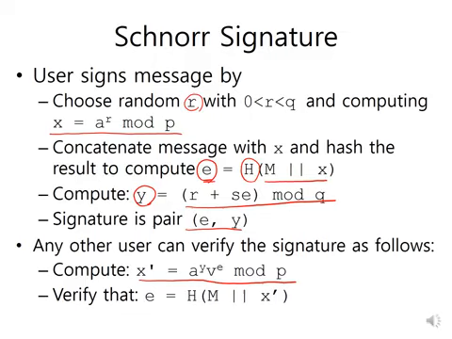And then verify whether e is equal to the h of m concatenated with x prime. So this is the verification procedure. If this is the same, then the signature is verified correctly. Else, the signature is invalid. Let's demonstrate why the verification is working correctly in the next slide.